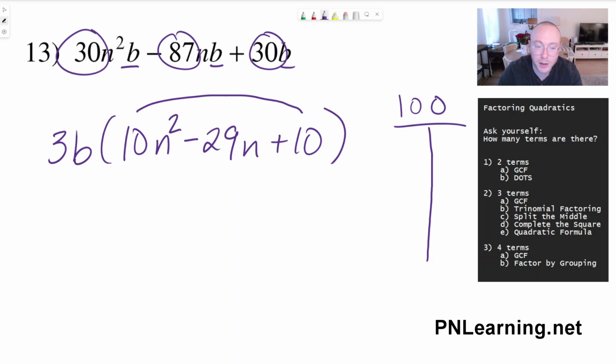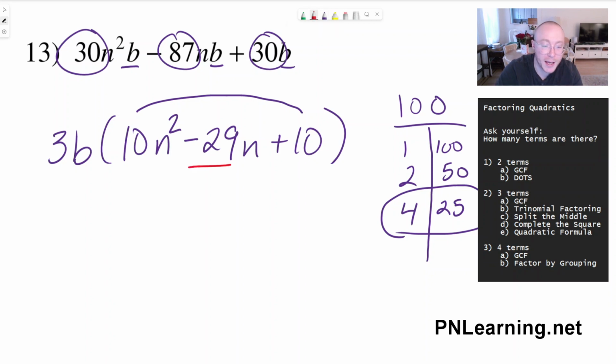So either we're going to get positive, positive, or negative, negative. So we've got 1 and 100, 2 and 50, 3 and nothing, 4 and 25. And we could stop there because 4 plus 25 is 29. But again, pay attention to the fact that this is a negative 29. So we're going to want to make these both negative. That way they add up to negative 29.